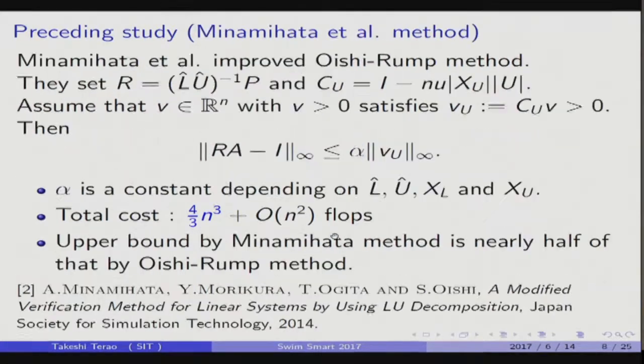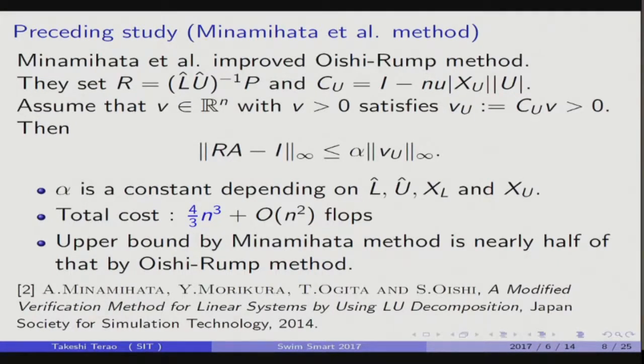Recently, Minamihata improved the Oishi-Rump method. They set R and CU as this. Next, assume that VU is this one. Then this inequality is satisfied, where alpha is a constant depending on L hat, U hat, XL, and XU.